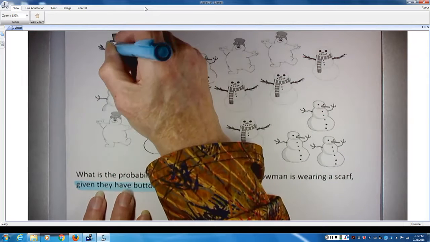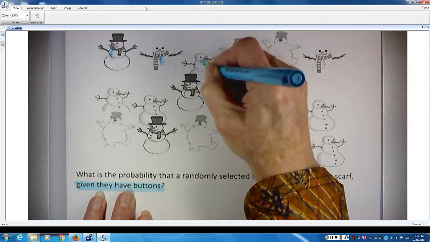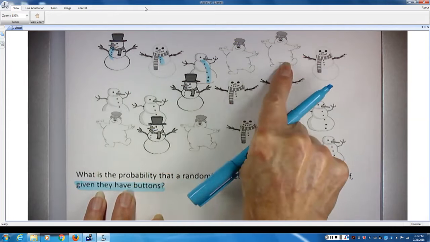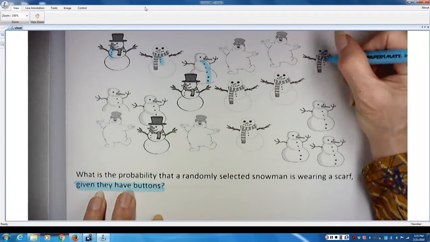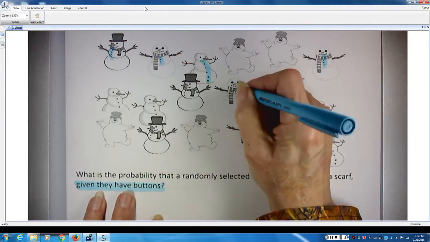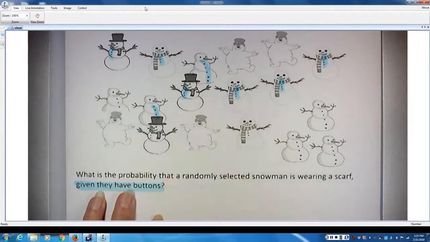Okay, this one's got buttons. This one's got buttons. This one's got a bunch of buttons. This one doesn't have any buttons. He's got some buttons. This one's got buttons. That one's got buttons.